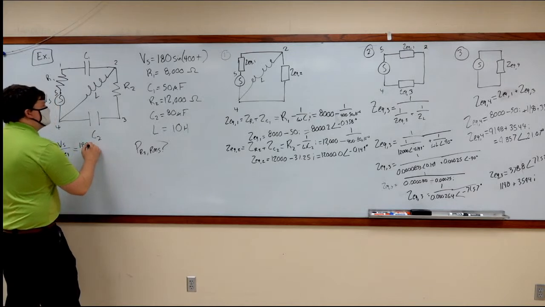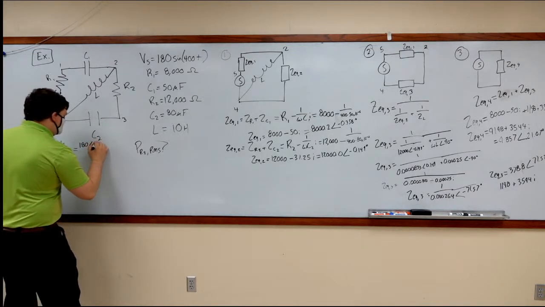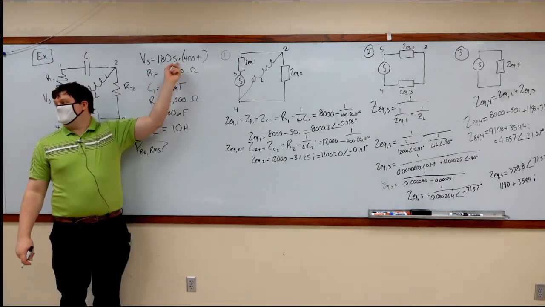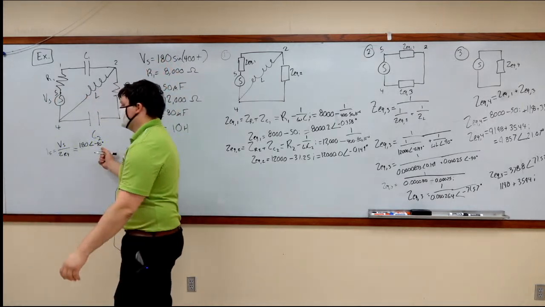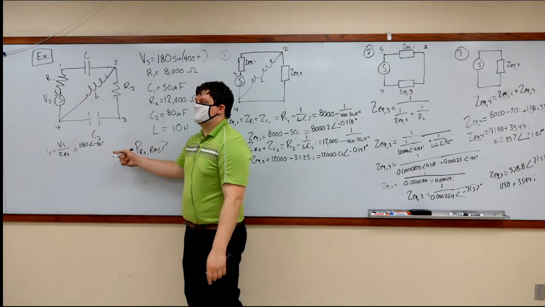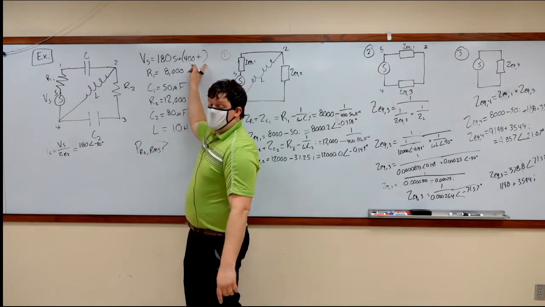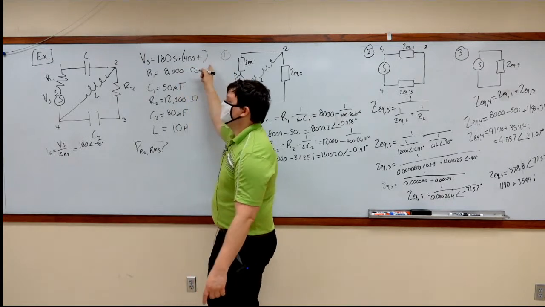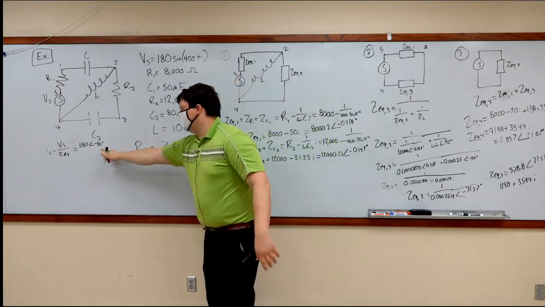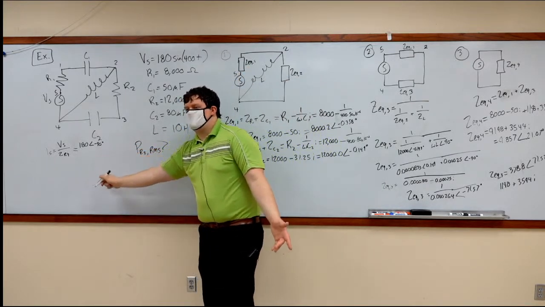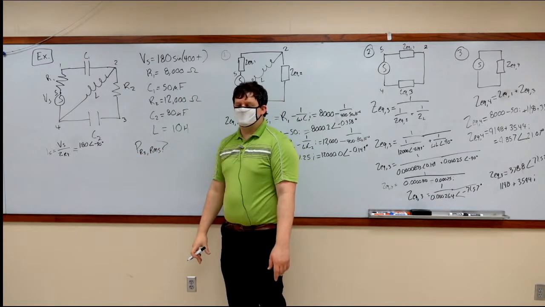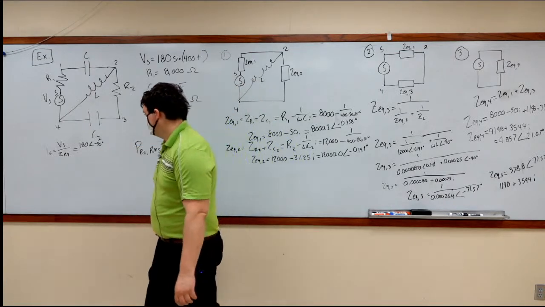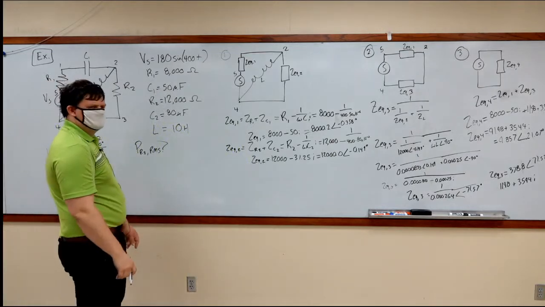It's 180 times the cosine of negative 90, so it's 180 at an angle of negative 90 degrees. Nice catch. Because I gave this to you in sine, the phase angle here has to be a negative 90, because sine is equal to cosine minus 90 degrees. There is no phi up here, otherwise it would be phi minus 90 degrees. If this was 400t plus 30, then your answer here would be negative 60 instead of 90, because it'd be 30 minus 90. Does that make sense? So that's the whole reason why Dylan told me the angle here is negative 90. You were on your game today. Doing great.